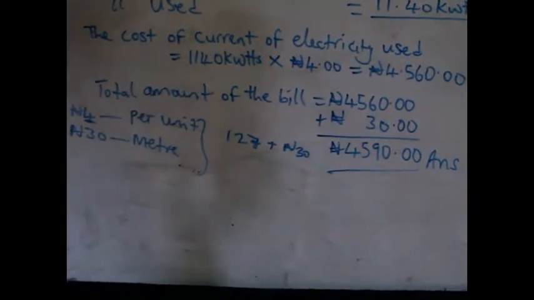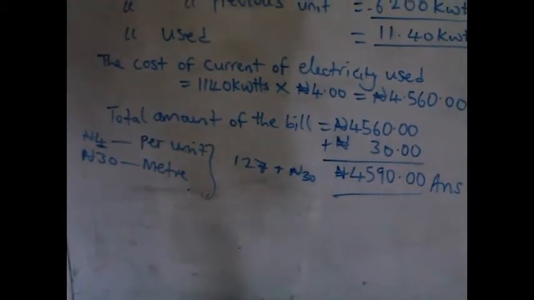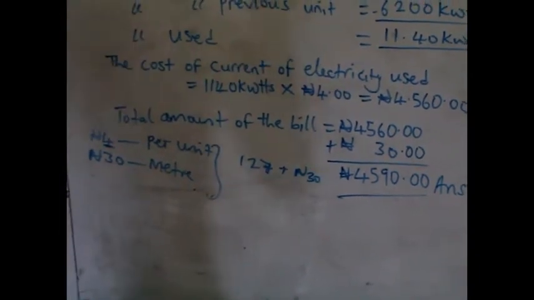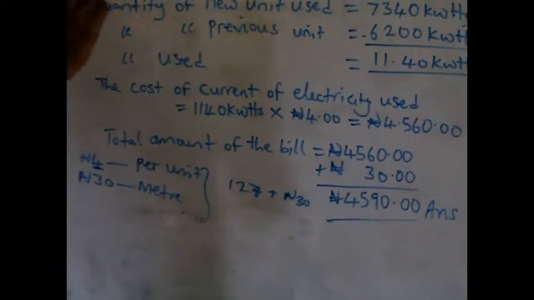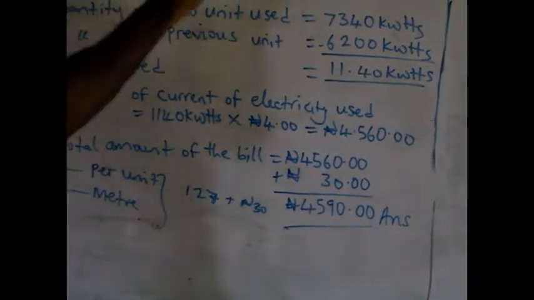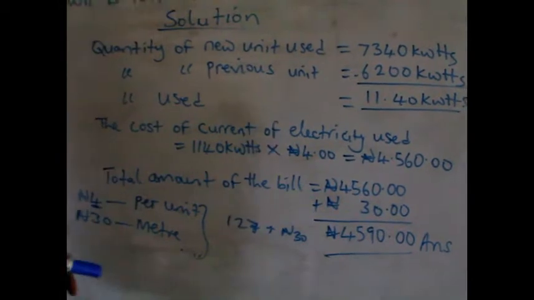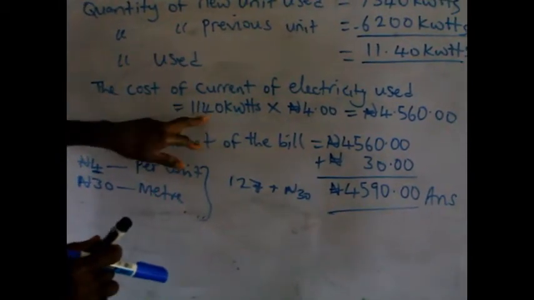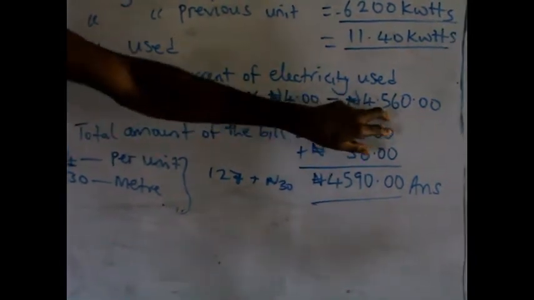Then don't forget that the 30 naira is money used for the meter. They are charging you 30 naira every month for their meter. So your current use times 4 plus the meter charge. The current use per month times this gives you this.